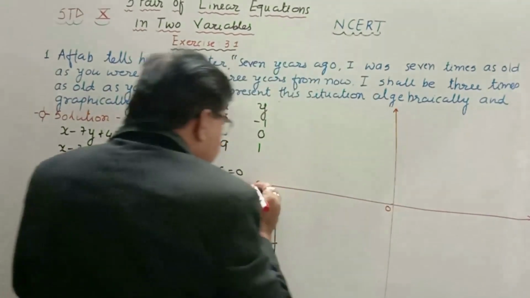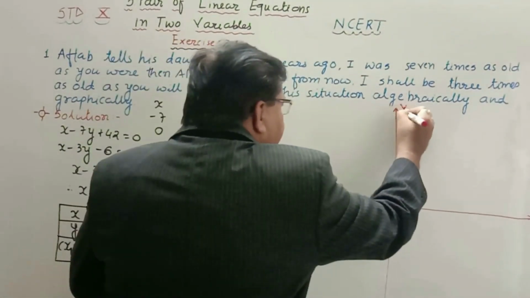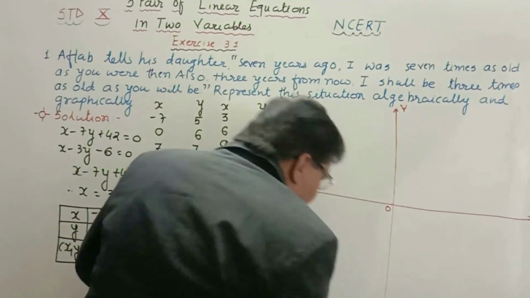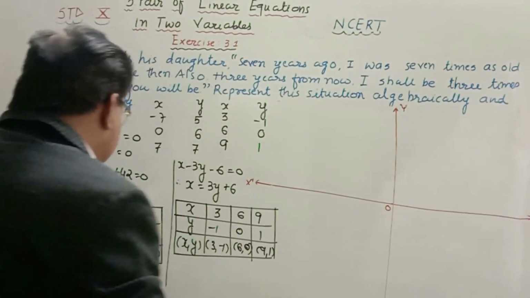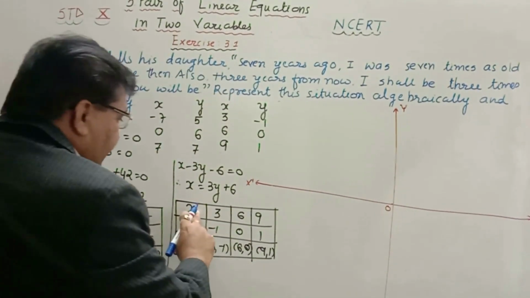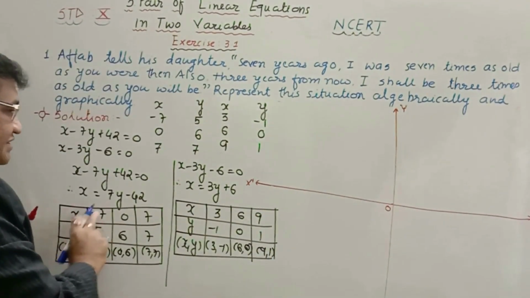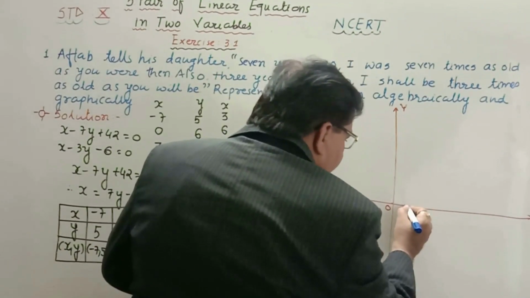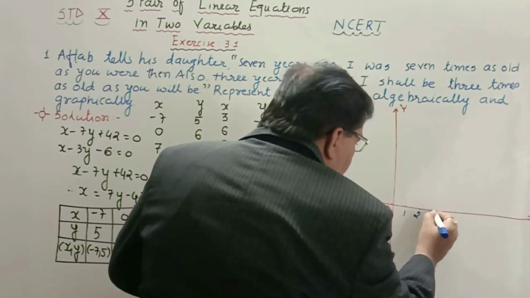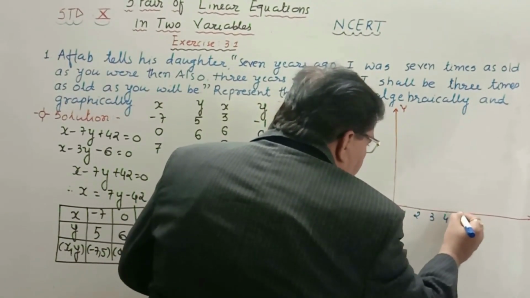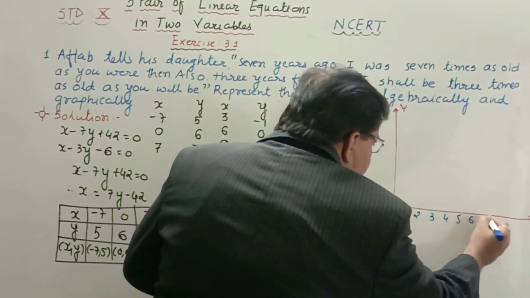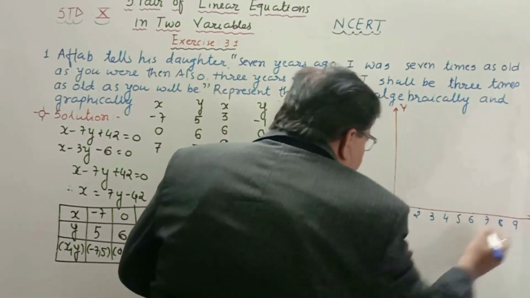Zero, x, x dash, y and y dash. The maximum value on the x positive side is 9 and on the negative side is -7. So here we write 1, 2, 3, 4, 5, 6, 7, 8 and 9.